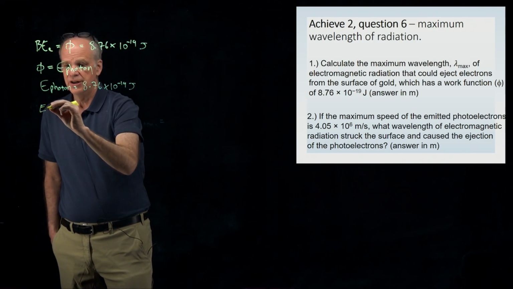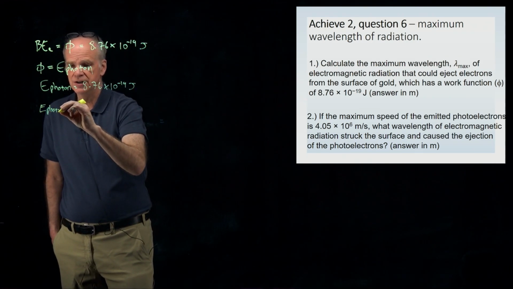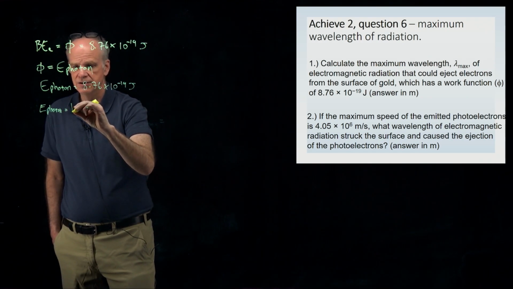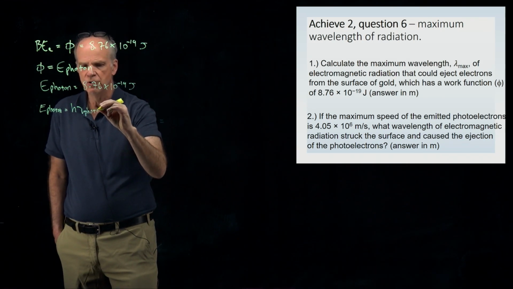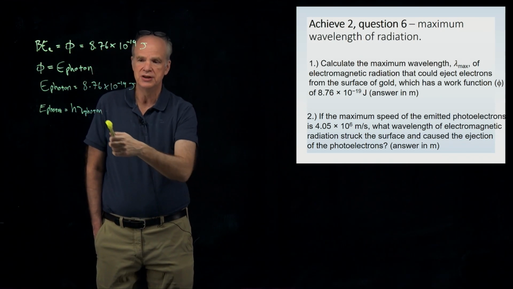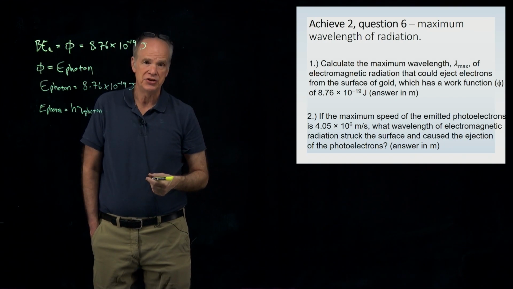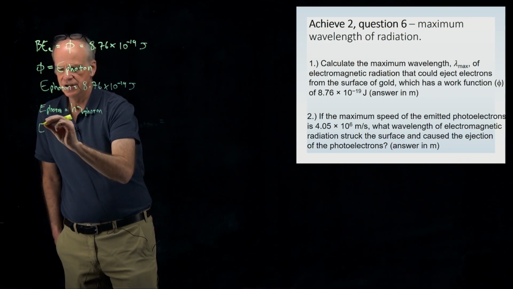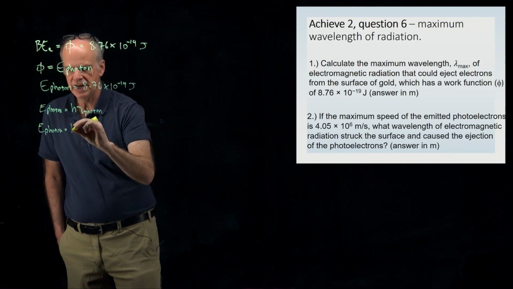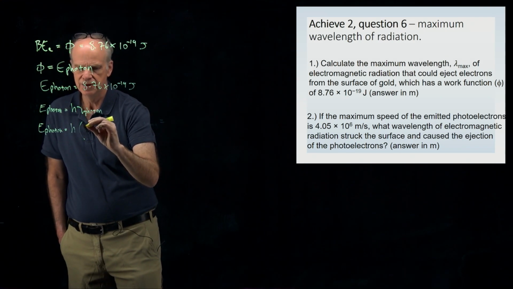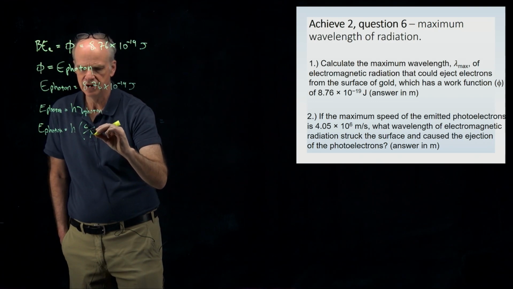You might recall that energy of the photon is equal to h times the frequency of the photon. But if you wanted to, you can substitute in for frequency of the photon c over lambda. So I'm going to do that. The energy of the photon is going to be equal to h times c over lambda of the photon.